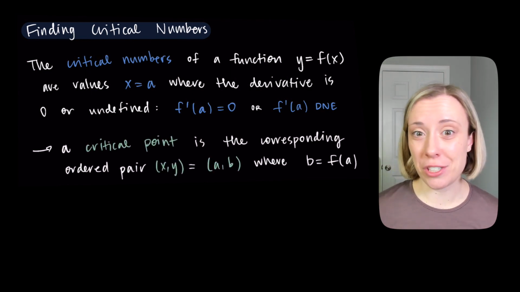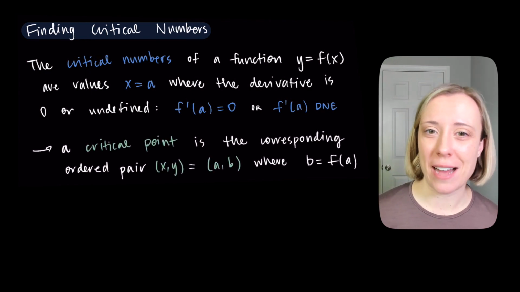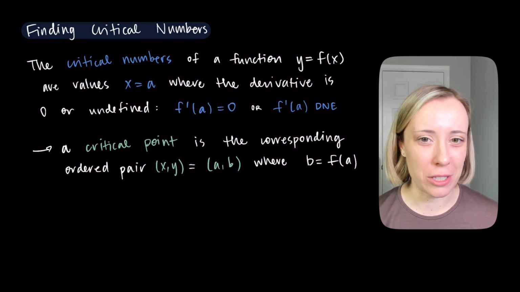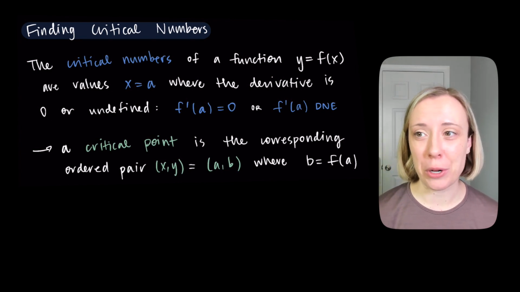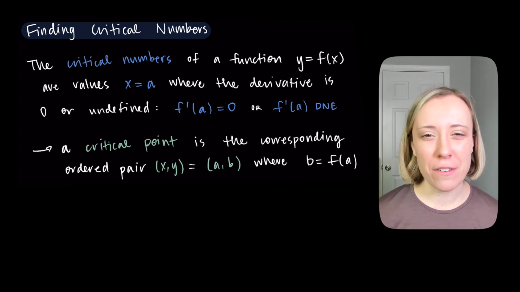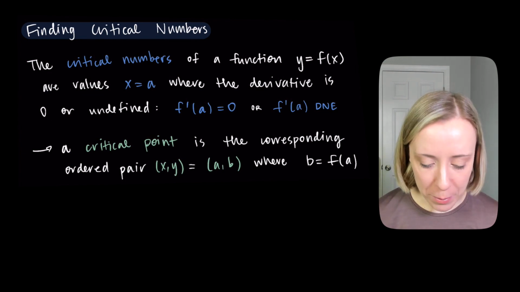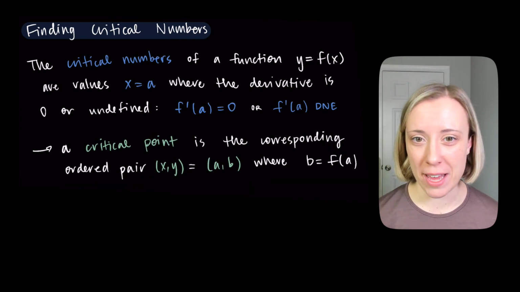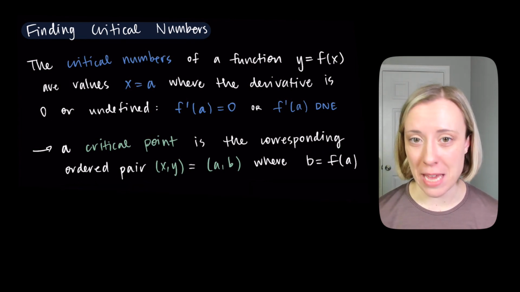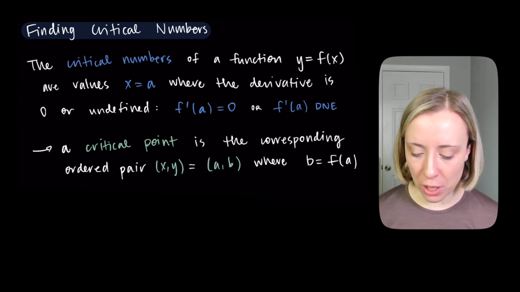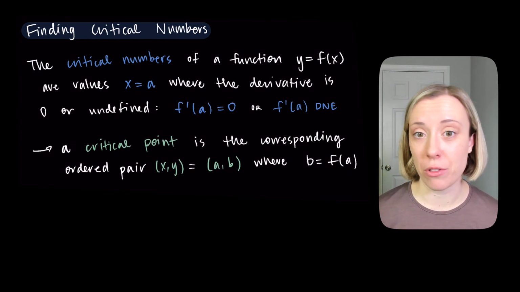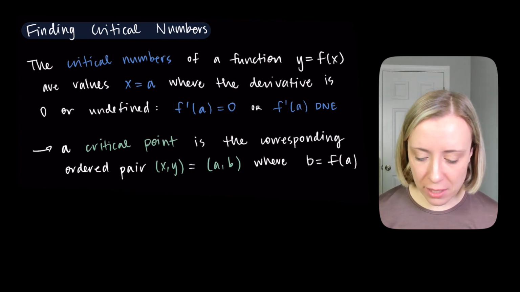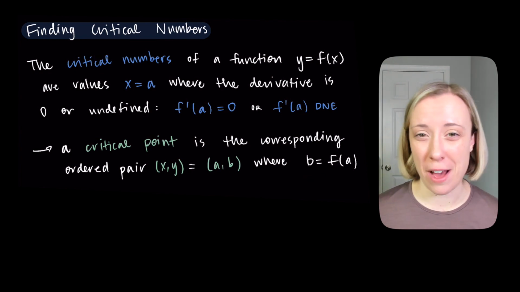One thing to note is that sometimes you'll be asked instead to find a critical point. It really depends. I usually ask students for the critical number. I think of the critical number as that x value. But if you see critical point, that's probably referring to the corresponding ordered pair, like an x, y, or in our context, an a, b. So you'd plug in the a value, the critical number that you found, into the original function and see if you can find a corresponding b value.